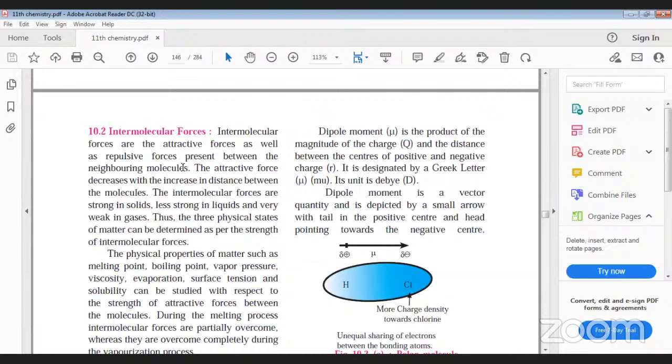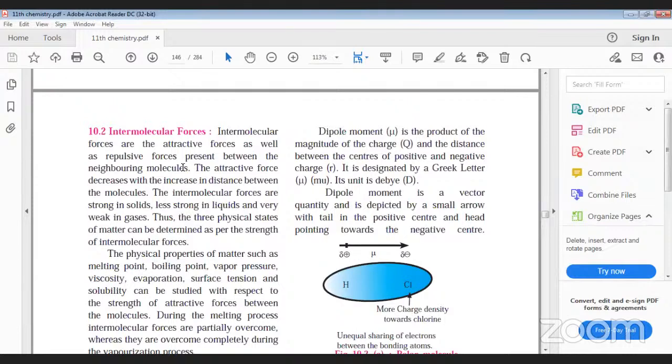But what are the repulsive forces? Repulsion means moving away. When molecules of the same type, suppose hydrogen atom and hydrogen atom, are placed together, what will happen? These 2 atoms having the same charge won't form a strong attraction with each other.